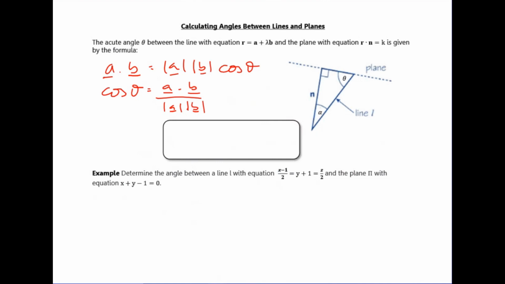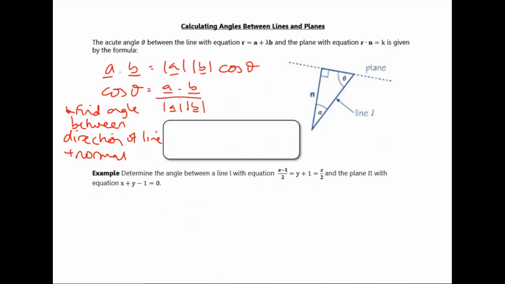Now, for the angle between a line and a plane, what you actually do is find the angle between the direction vector of the line and the normal vector of the plane. So put that: find the angle between the direction of the line and the normal.